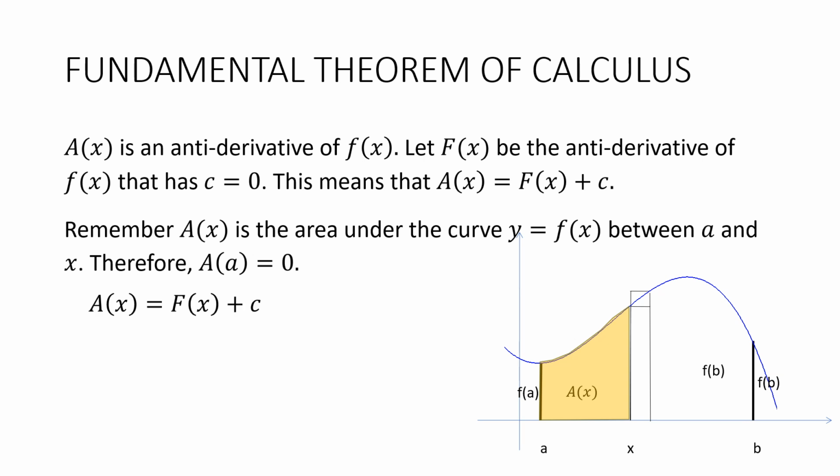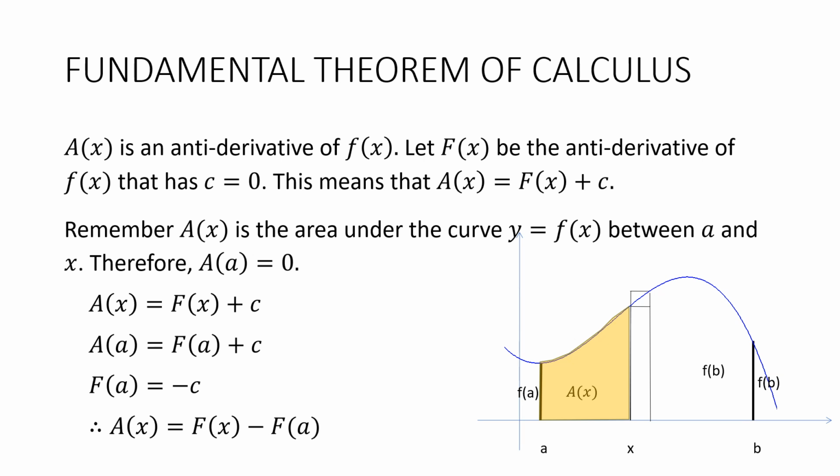So substituting in a for x, this is 0. F of a, capital F of a, must equal negative c. And so, instead of the c, I'm going to write minus capital F of a.